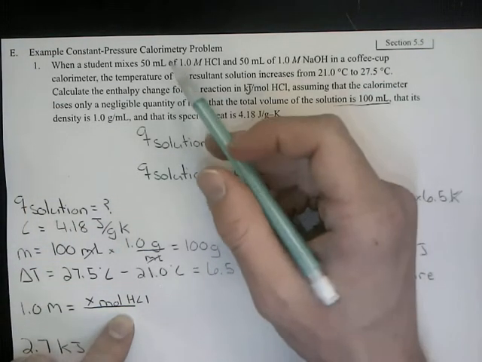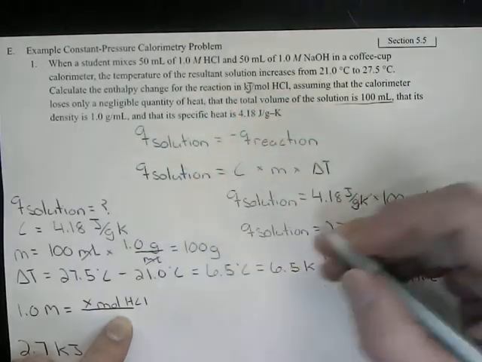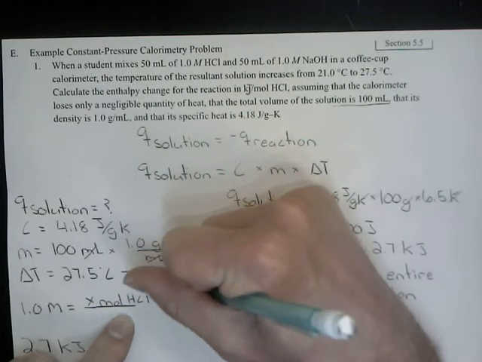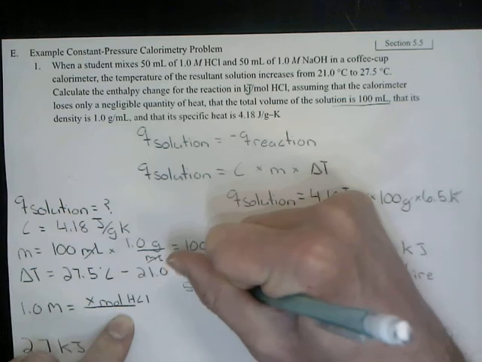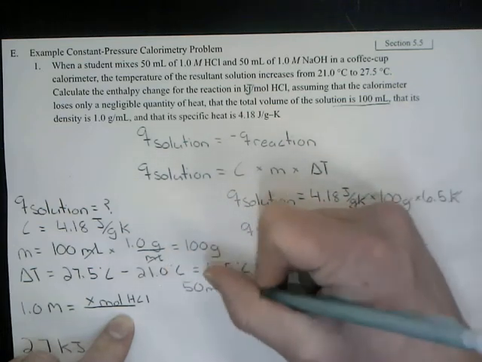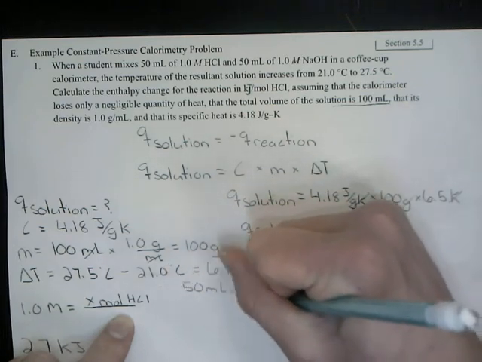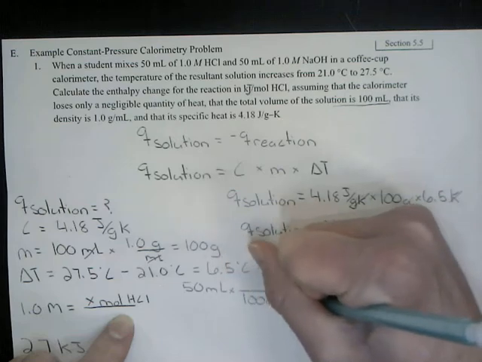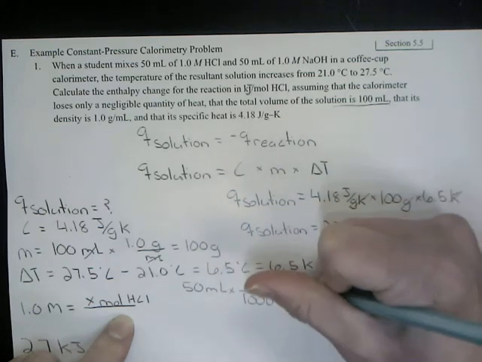Now, remember, 50 milliliters. I can write this out to the side: 50 milliliters, if we convert that to liters, divide by 1,000 mL times 1 liter.